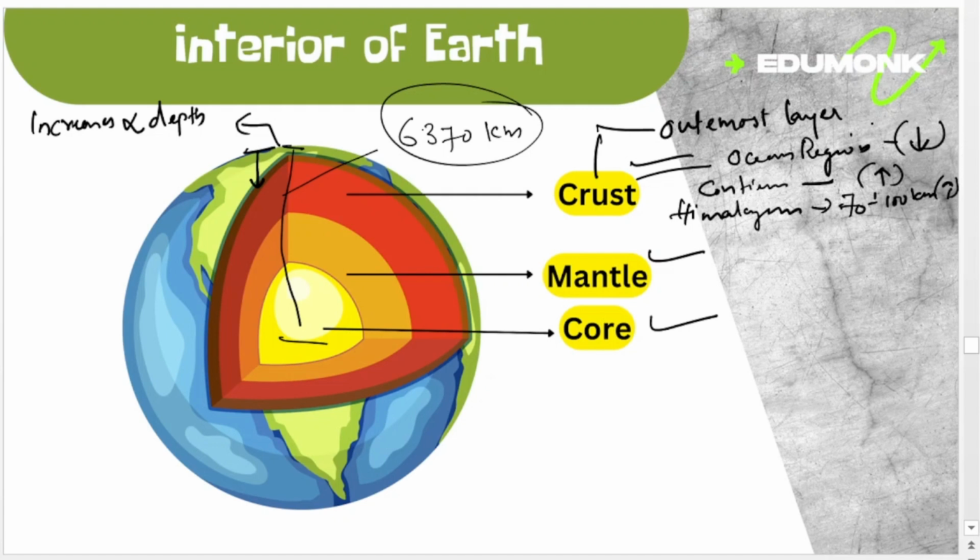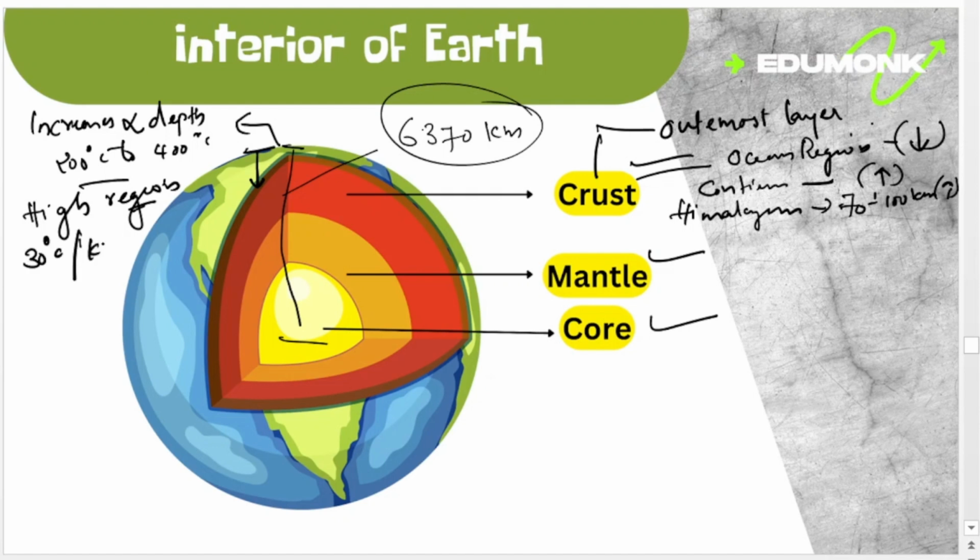That means nearer to the mantle, the temperature of the crust is around 200 degrees Celsius to 400 degrees Celsius.